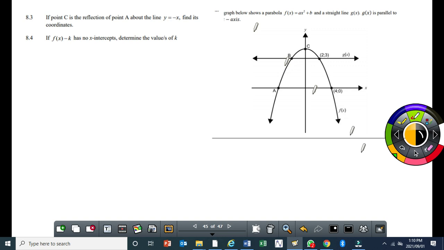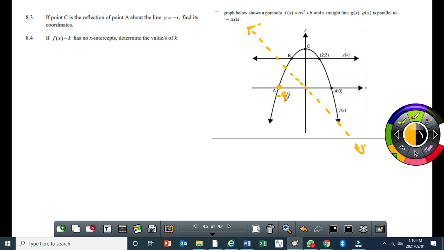That will be the line. Find its coordinates. So if we reflect point A about this line here, we know that the value of x here is minus 4, and the value of y is 0.